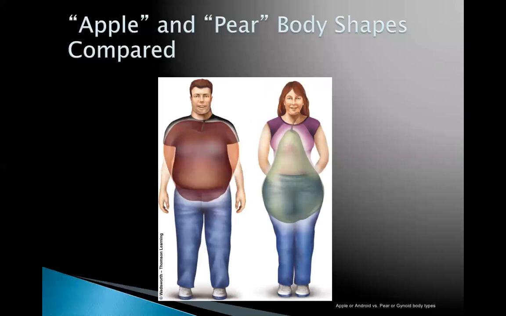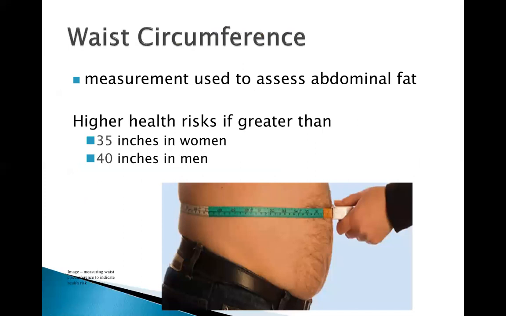Having a higher apple shape or a bigger waist circumference does indicate risk for chronic diseases such as increased risk of high blood pressure, increased risk of diabetes, specifically type 2, increased risk of heart disease, potential increased risk of cardiovascular disease, stroke, etc. And so we can look at the shape of a person and we can measure the shape of a person by their waist circumference.